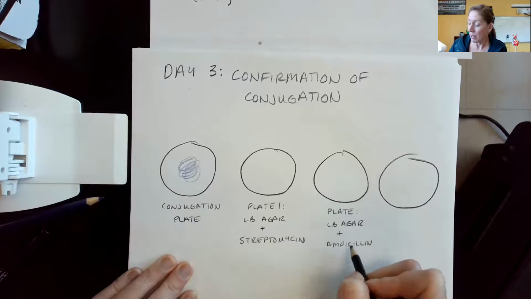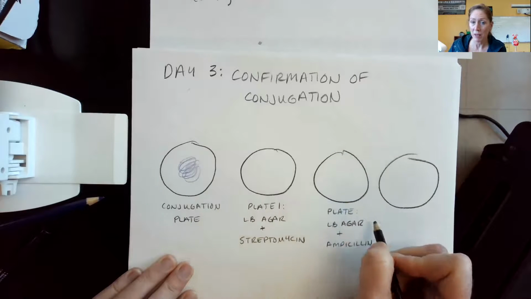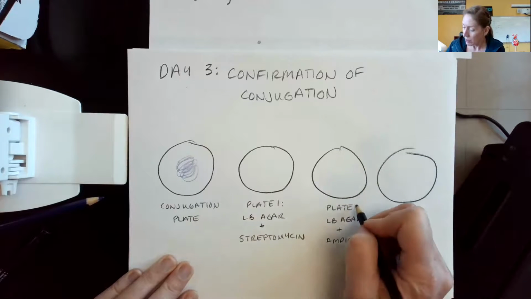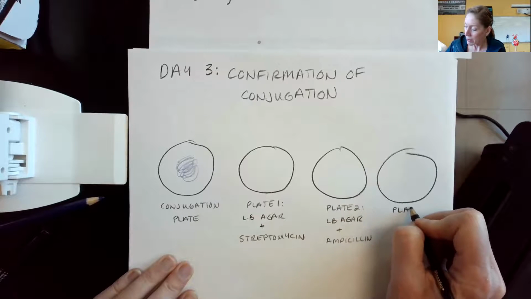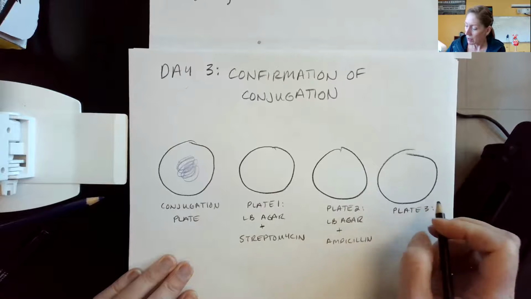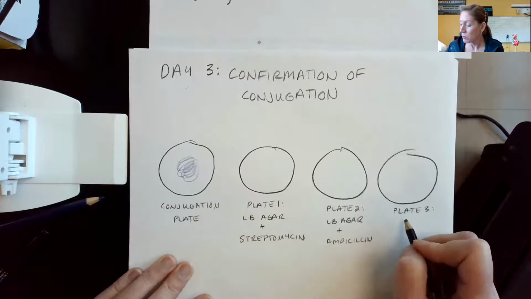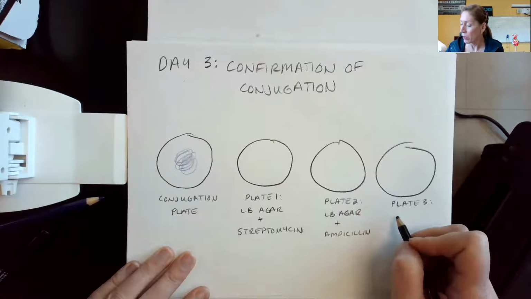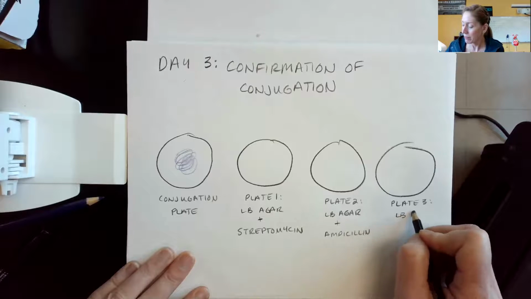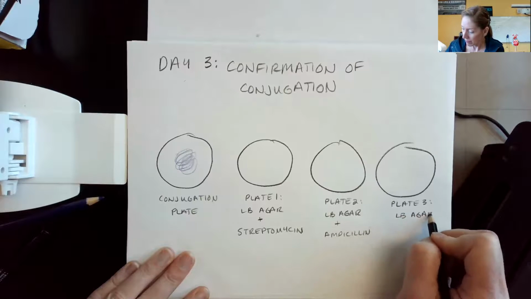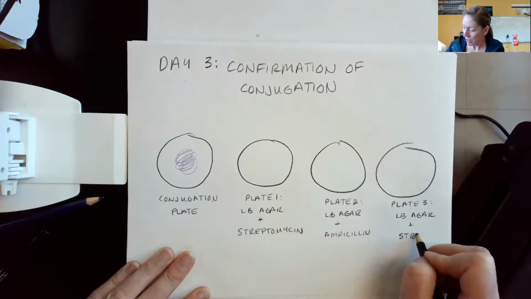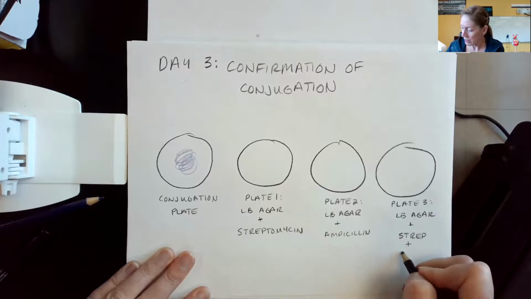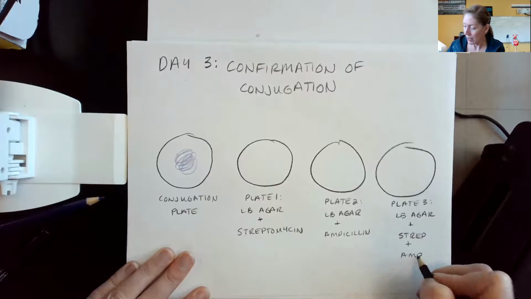The ampicillin is going to be mixed in with the agar on this plate. That's plate 2. Plate 3, it's going to have both antibiotics mixed in, kind of like we had on day 1. And I'll just put abbreviations, strep for streptomycin and amp for ampicillin.